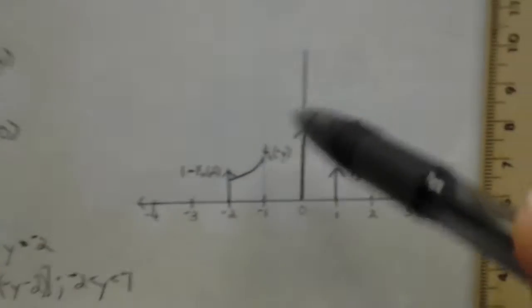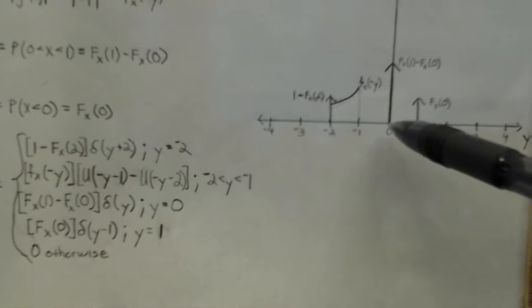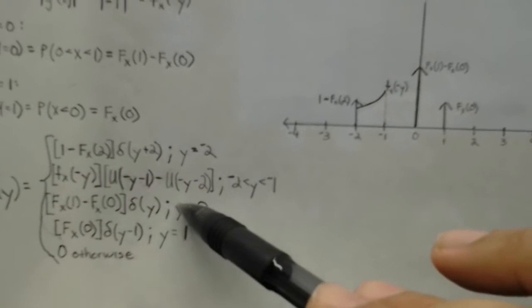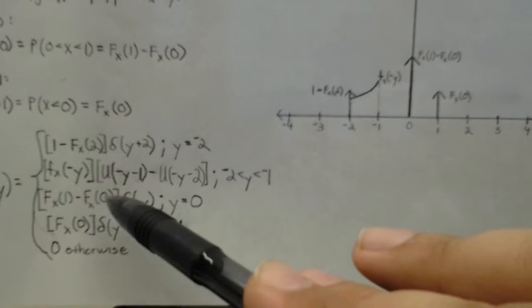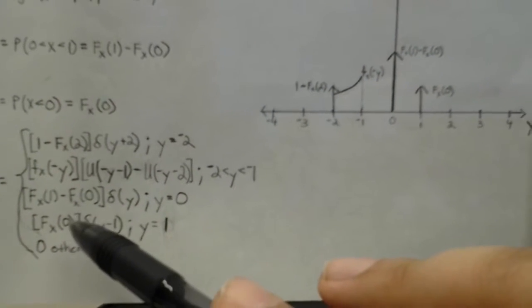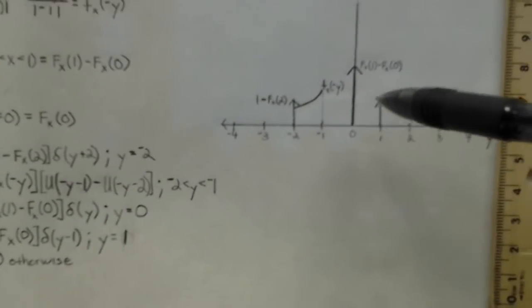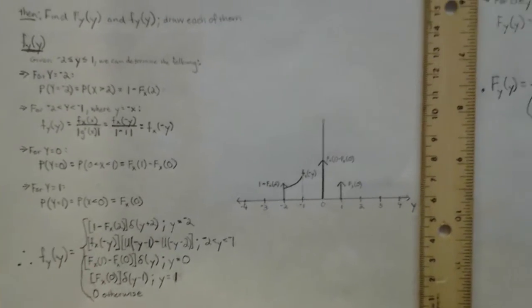You can see how that works out. This is defined as that. All right, we have an empty term right here. Nothing's defined right here. Then we have two delta functions. One at 0, defined by that function for an area. And one at 1, defined by big F of x. There. And that's our formula for little f of y.